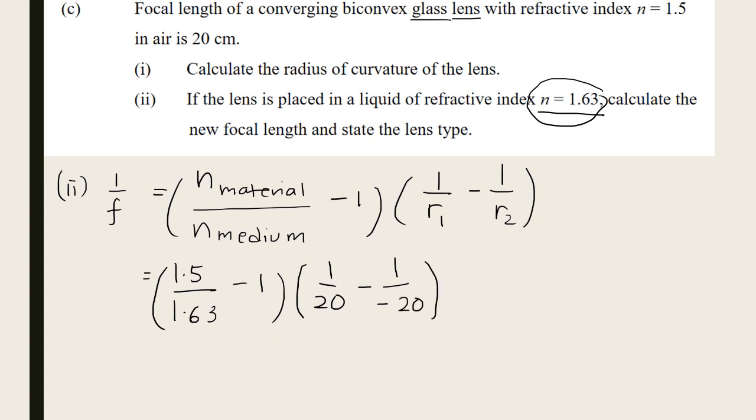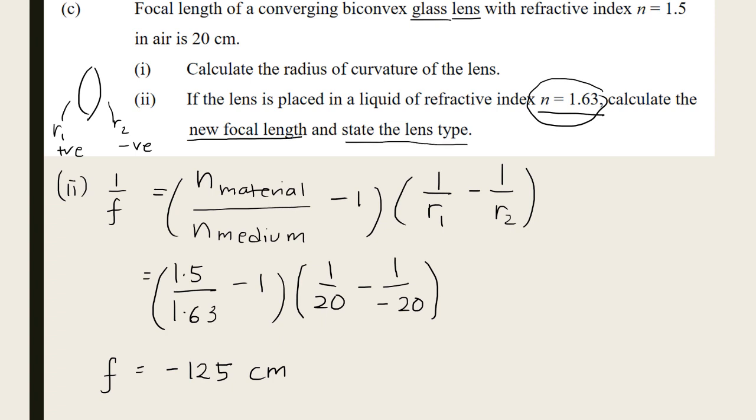Because R2 is negative. Remember that convex lens? R1, R2. Positive, negative. Okay, calculate. Just plug in all the numbers into your calculator. And finally, the answer is negative 125 cm. Okay, this is our new focal length. And what type of lens this becomes? It becomes a diverging lens.